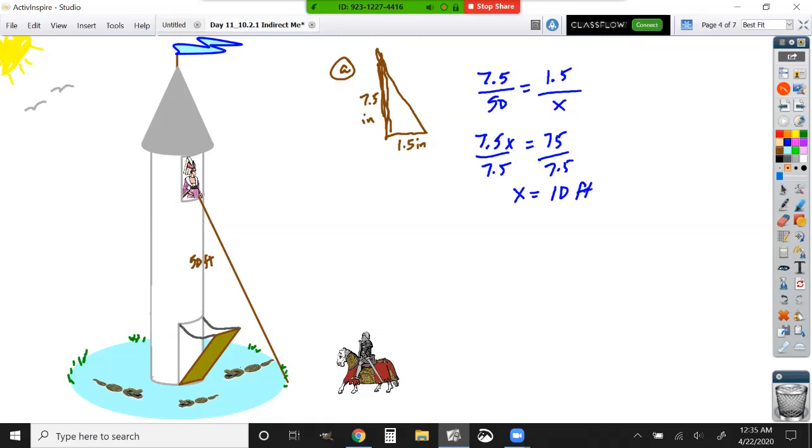We now know the distance across the moat, and we can add that distance to our picture. So the distance across this moat, this leg that we have here, is going to be 10 feet. We're going to need to know that throughout the rest of this problem.